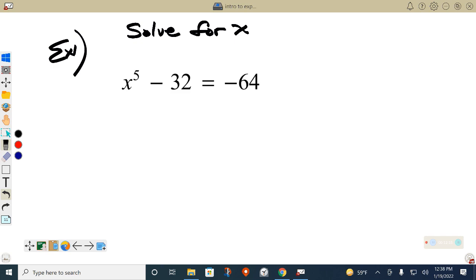All right, I'm looking at this equation. X is right there, and it's to the fifth power. We got to get it alone. So what should I do first to get x by itself? The left side of the equation is all this. Here's the right side of the equation.